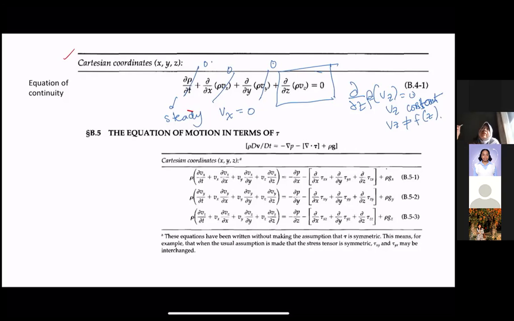Okay, have you ever tried to pour condensed milk, susu kental manis?